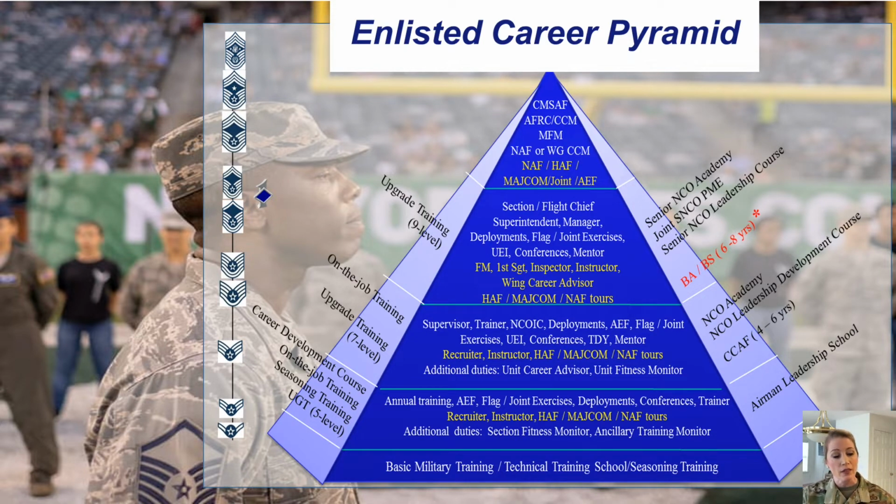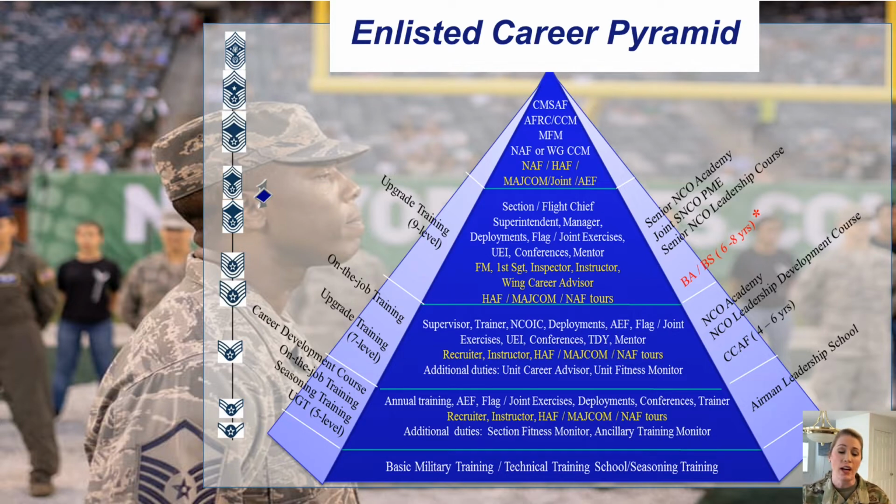On the left side, it will walk you through what your skill level training should look like with your 5, 7, and 9. And then those job titles, right, that you should have commensurate with both of those in the middle.